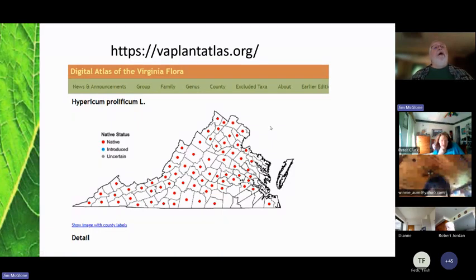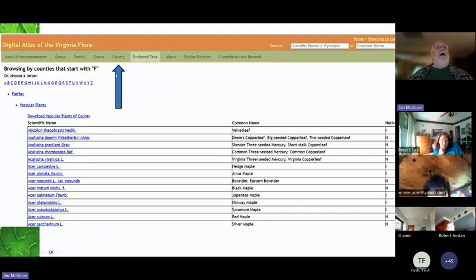It's a really important pollinator supporter because we don't have a lot of stuff that blooms in the middle of the summer. If you are really ambitious on the atlas, you can go to the county and you can get a list of all of the plants that grow in the county and whether or not they are introduced or native.